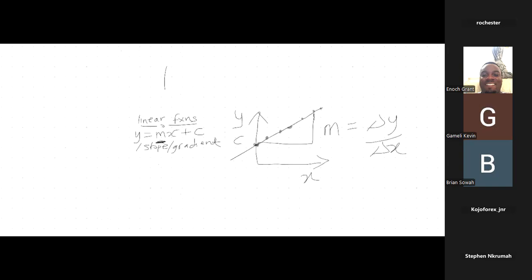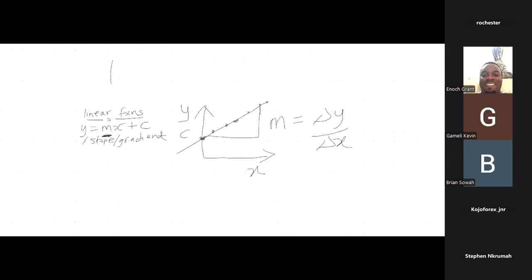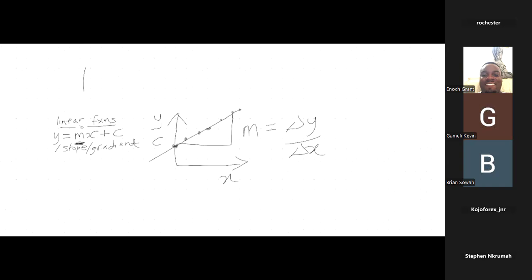And this can also be interpreted as y2 minus y1 all over x2 minus x1. So this is the equation for m.